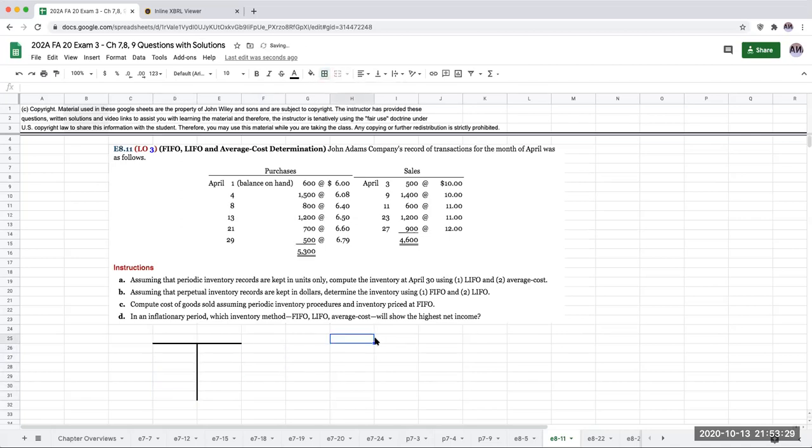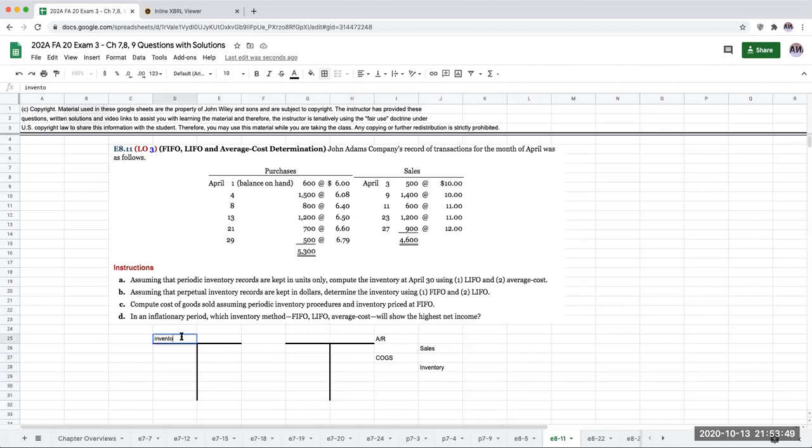When I record an inventory sales transaction, I'm debiting AR, I'm crediting sales, I'm debiting cost of goods sold, and I'm crediting inventory. And inventory costing is not about the physical flow of goods, it's how do I determine the cost here.